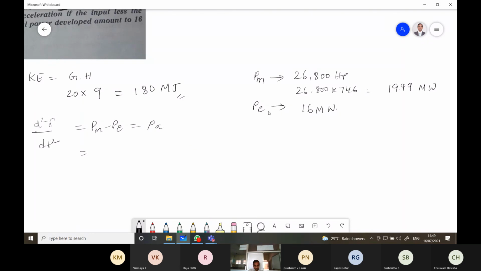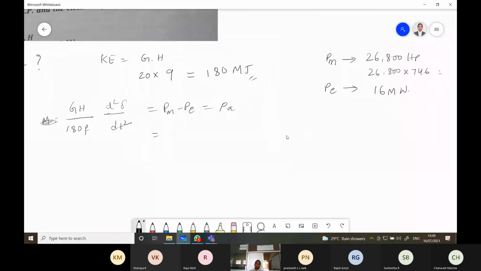So therefore, Pm minus Pe is equal to 19.99 minus 16. This is equal to d square delta by dt square is equal to 180 into F, into 50 hertz, divided by G into H. How much you got?